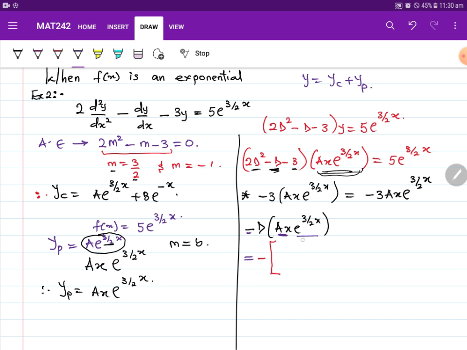Using product rule, that's u differentiated, a times 3 over 2 exponential 3 over 2x, plus a exponential 3 over 2x.